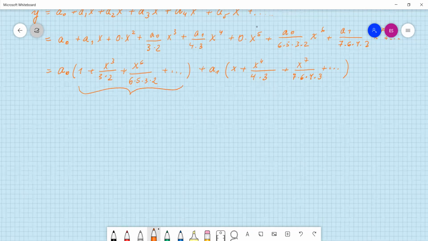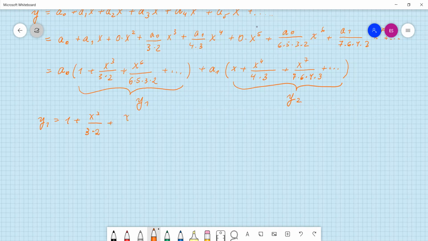This first one is going to be my y1, my first solution, and the second one, okay, equation of second order, right? A second solution. I'm going to write them down separately. Y1 equals 1 plus x cubed over 3, 2 plus x to the power of 6 over 6, 5, 3, 2 plus some other terms, and y2 is x plus and so on.